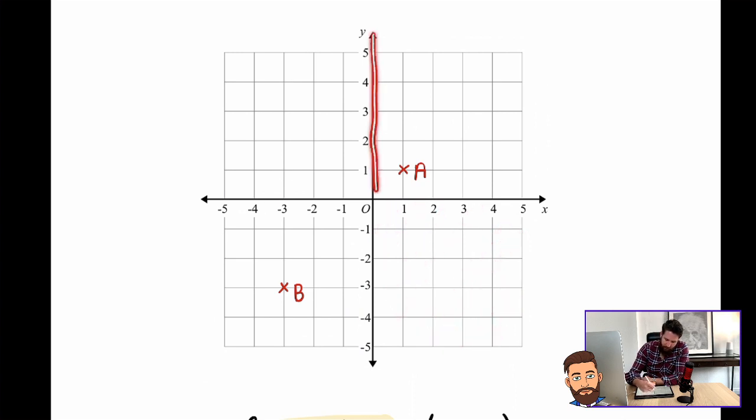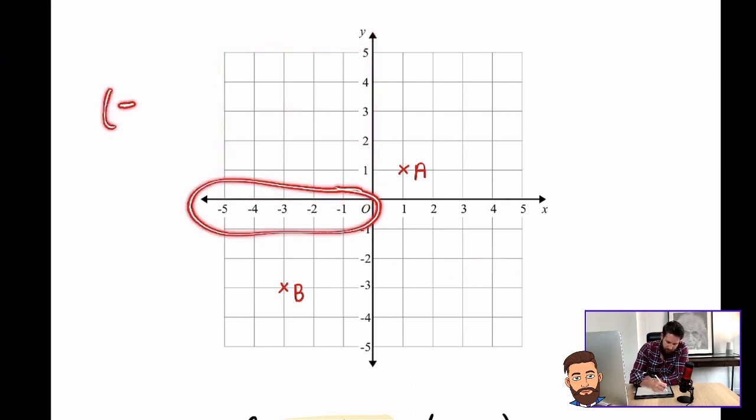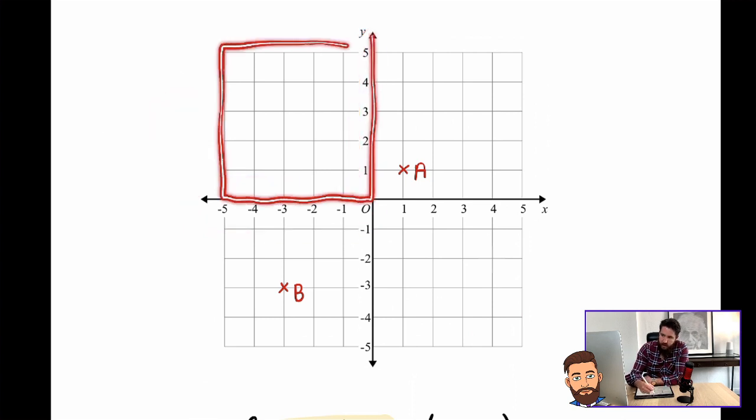And just for completion, if you think about the top left, what would make a point end up here is when x is negative and y is positive. So whenever you have a negative x and a positive y, the coordinate will always end up in this quadrant here.